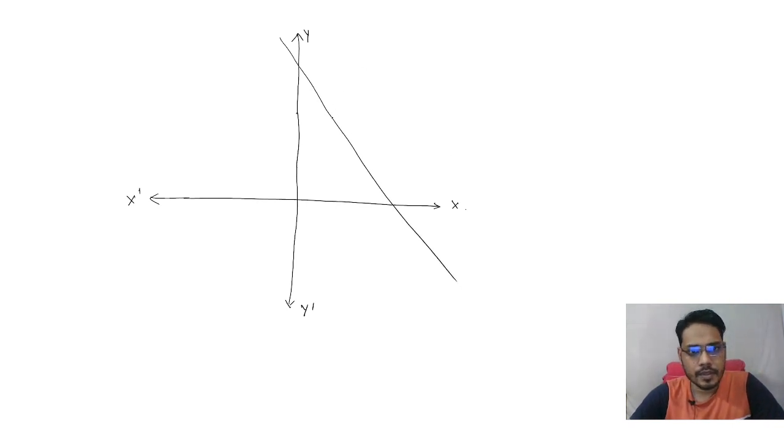Here the first point is A, it is 2 comma 5. The second point B will be 3 comma 2, and the third point C is 5 comma minus 4.